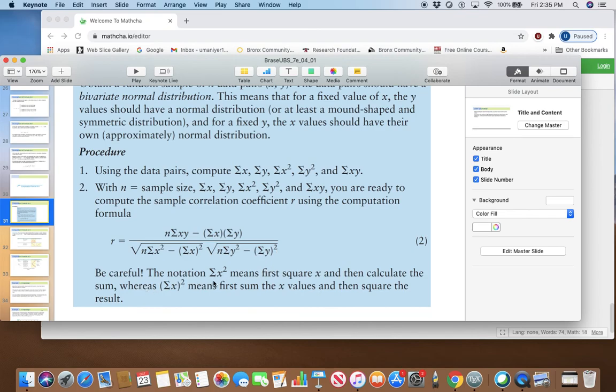Be careful, the notation summation x squared means first square x and then add them up, as opposed to summation x in parentheses squared, which means first add them up and then take power 2.